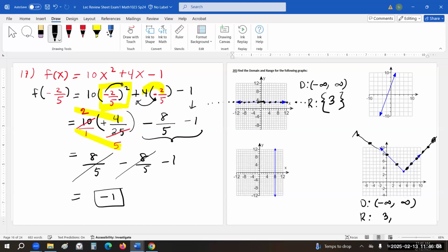So we start from 3, and since the graph is going on forever and ever, the y value is increasing to which number? Positive infinity. Infinity gets a parenthesis, and since we don't have any hole in our graph, the 3 gets a bracket.